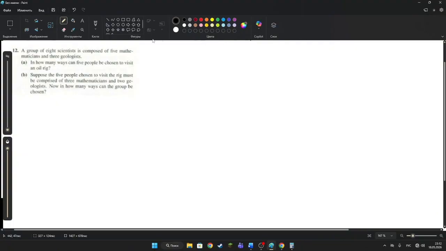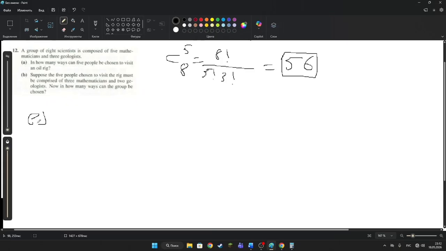So it's very simple, because the order doesn't matter and the proportion of people we choose doesn't matter, and we just take the formula C(8, 5), and that's 8 factorial divided by 5 factorial multiplied by 3 factorial, which is 56. It's the answer to the A case.